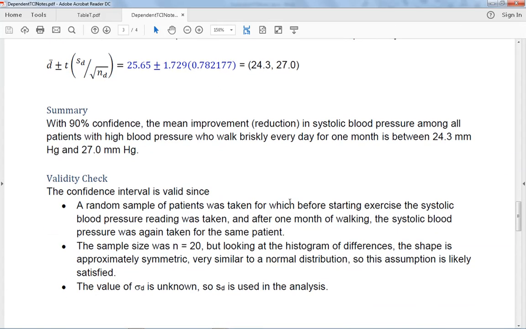Now we can do a validity check. The confidence interval is valid because we took a random sample of patients and took before and after measurements, so it's paired data. The sample size was n equal to 20, so that isn't large. So I really want some indication that the differences are approximately normal.